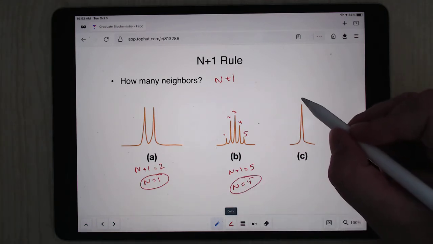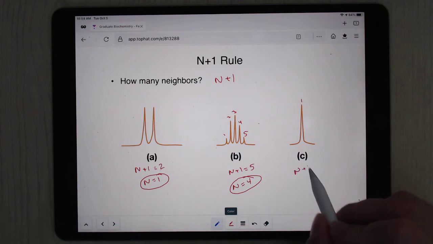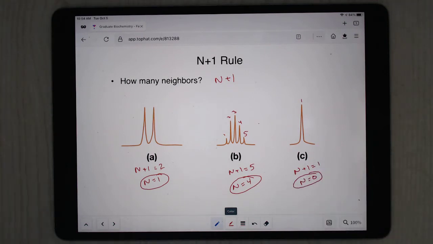Now for this one we only have the 1, so n+1 equals 1, and so for here, we wouldn't have any neighbors. So it would just be like an oxygen or a C double bond O, or a carbon that has a bunch of chlorines on it or something like that. Something that doesn't have any hydrogens immediately adjacent to it.